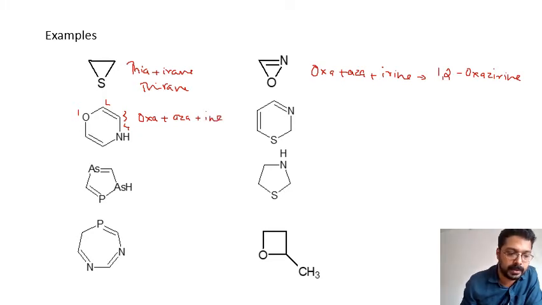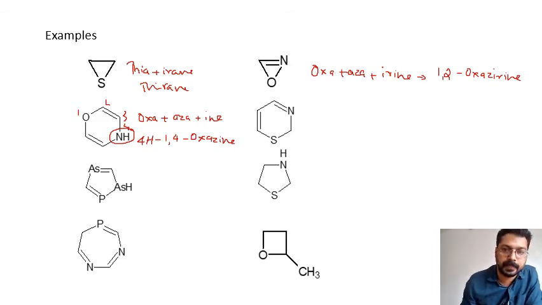You can write the indicator hydrogen, because there is an indicator hydrogen at position 4. So it will be 4H-1,4-oxazine. This will be the name.